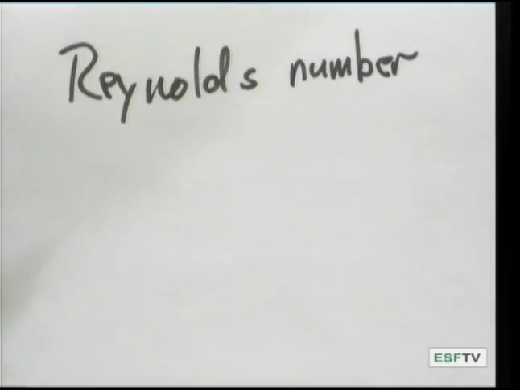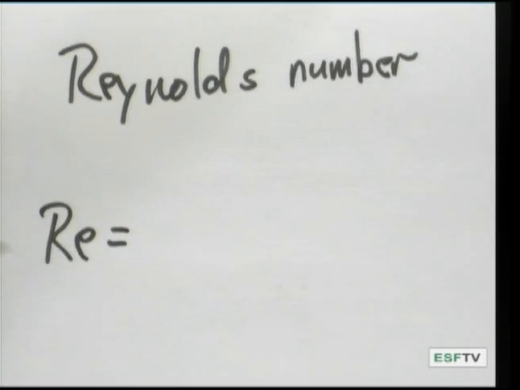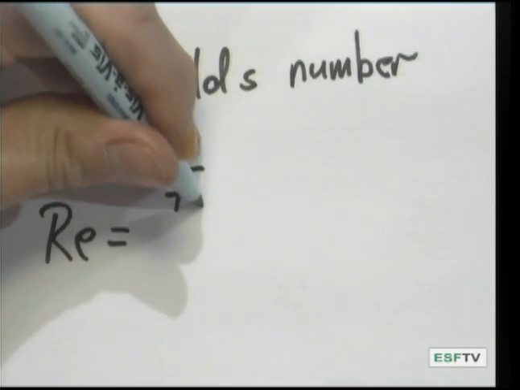And the Reynolds number is quite simple in conception. It's usually abbreviated as capital R little e. And the Reynolds number is simply the ratio of two forces.